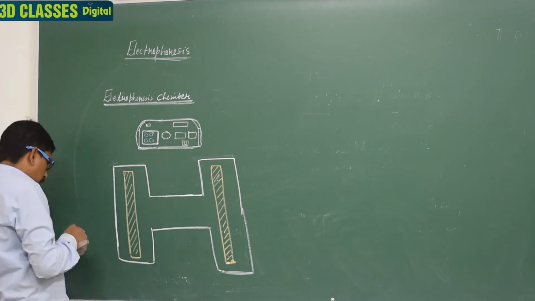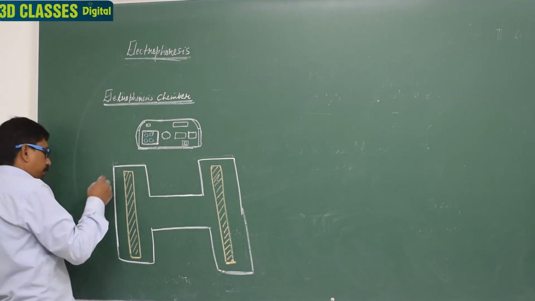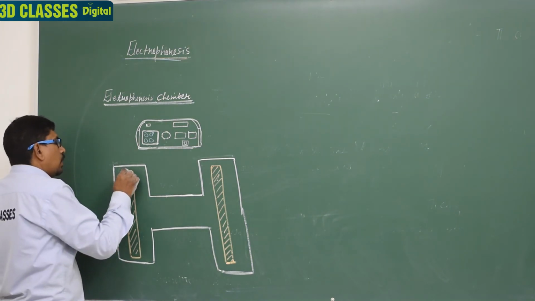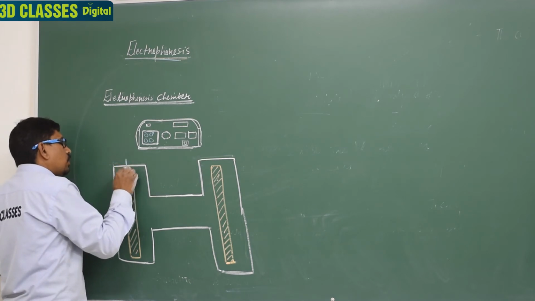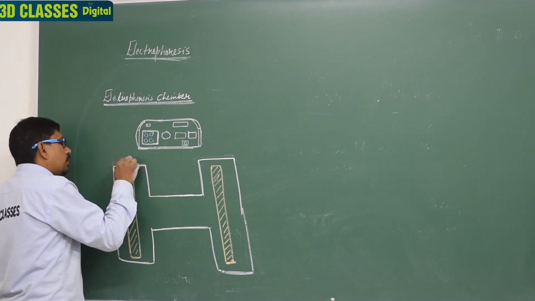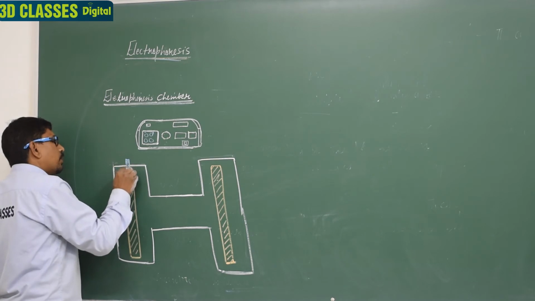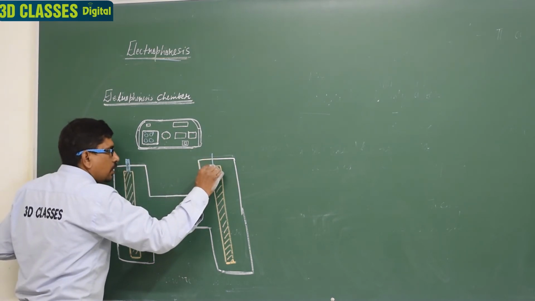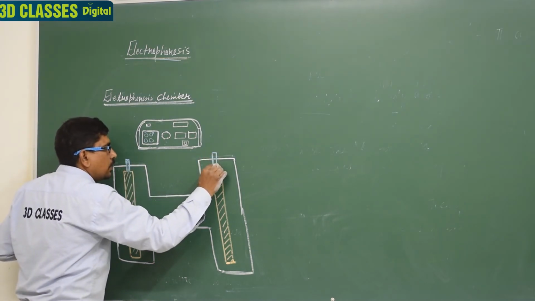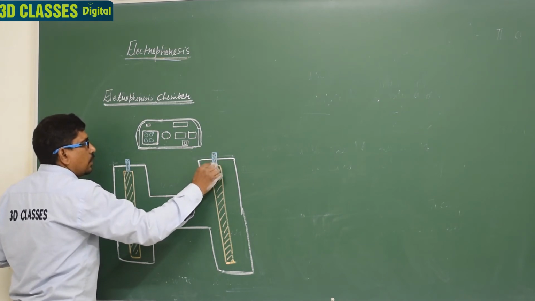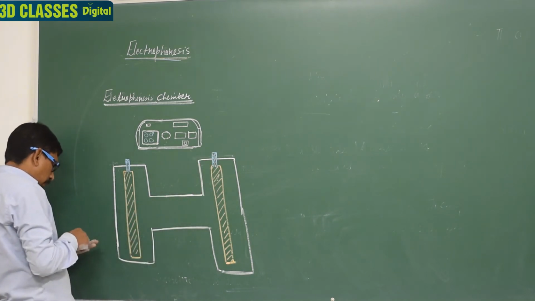These electrodes are joined with wires like this. Clear?